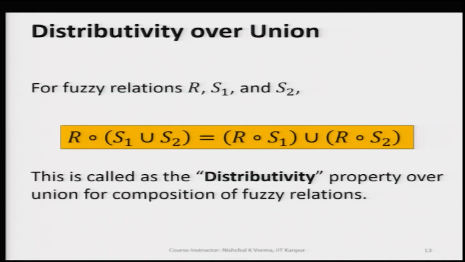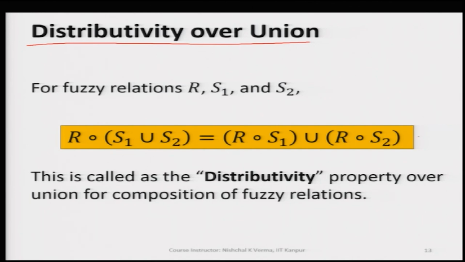Now, the second property is the distributivity over union, and this is also for the composition of fuzzy relations. So, when we say composition of fuzzy relations, this distributivity property over union also holds good. And what is this?